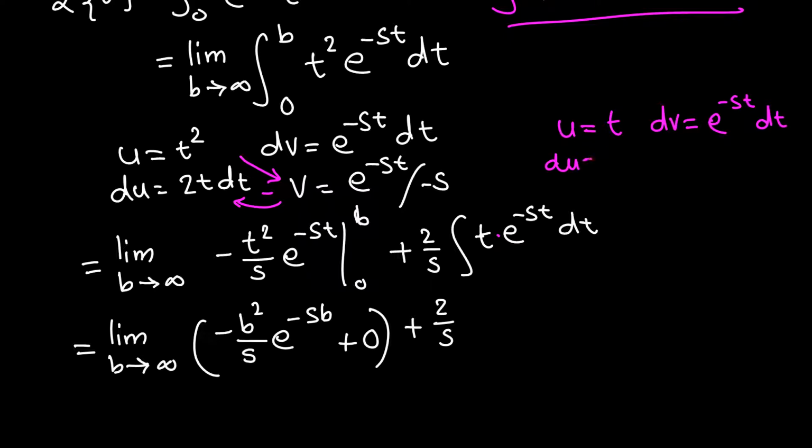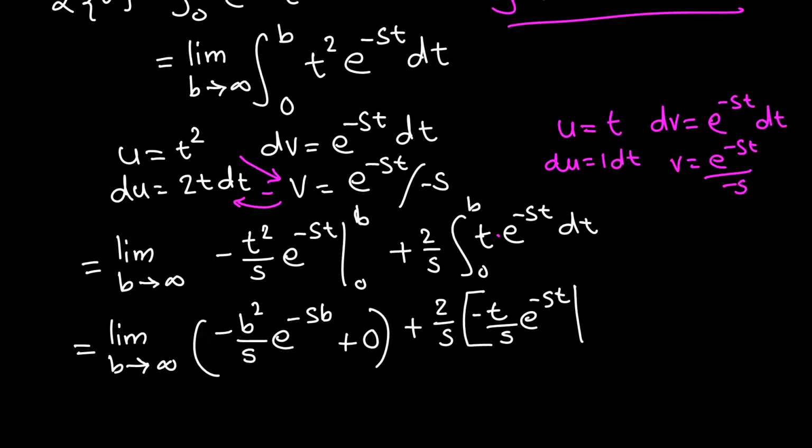So du is 1, and v is the antiderivative, e to the negative st divided by negative s. So 2 over s times everything, uv, so that's t times this, negative t over s e to the negative st, and we have to go from 0 to b, and we have limit uv minus integral v du.